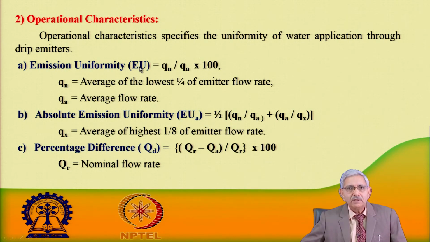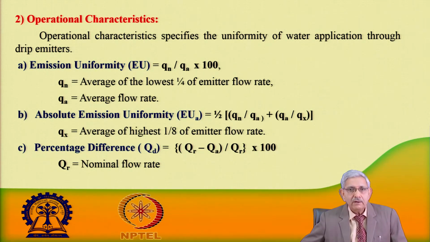Absolute uniformity is another parameter. Here it is given as a half of Q n by Q a plus Q a by Q x. Q n and Q a I have already explained, and Q x is the average of the highest 1/8 of the emitter flow rate.